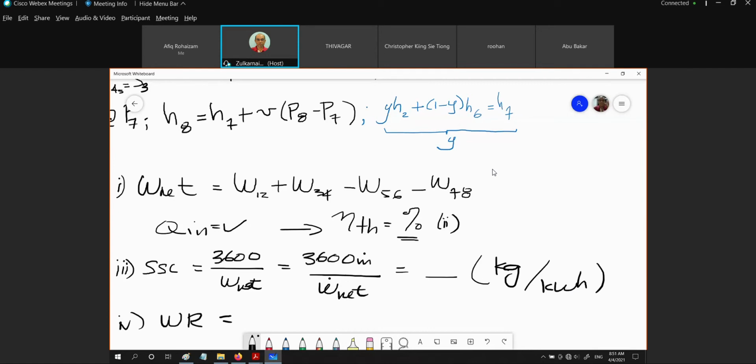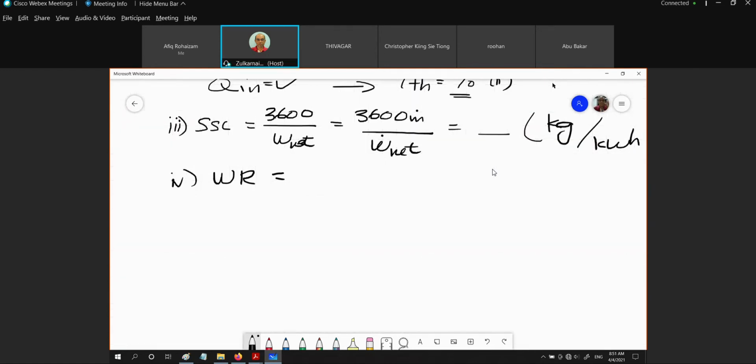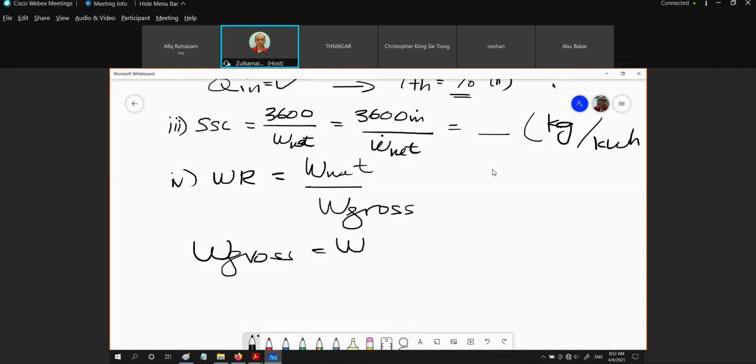The last one that we have learned is to get the work ratio. And what is the formula of work ratio? The formula of work ratio is equal to the W net divided by the W gross, where the W gross is equal to W12 plus W34.